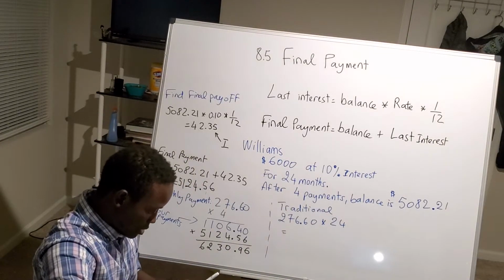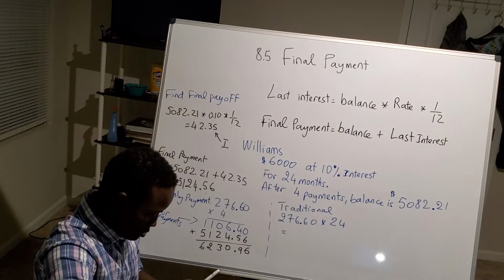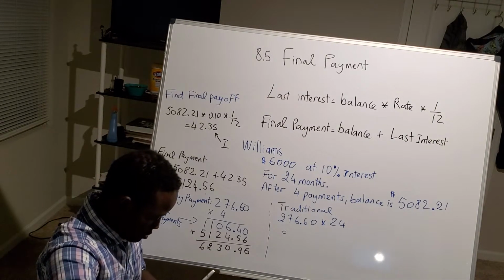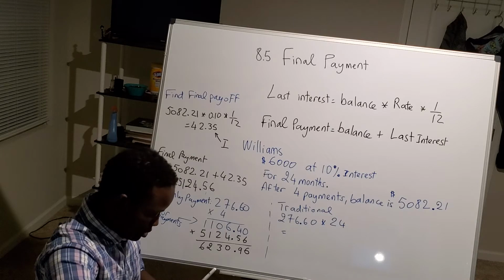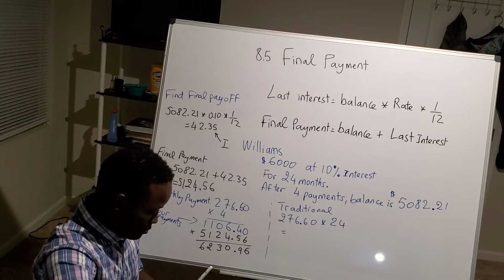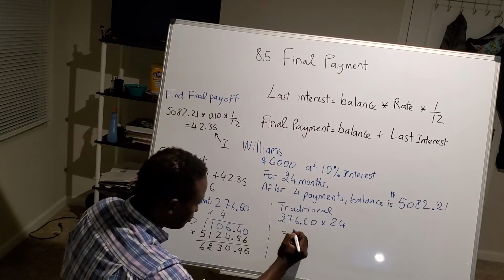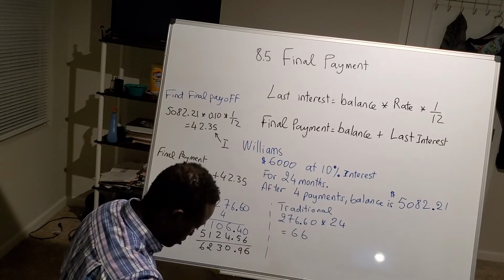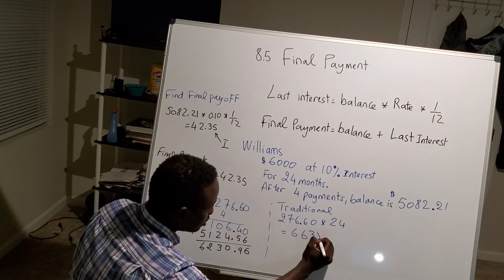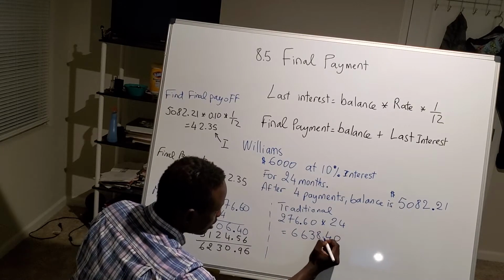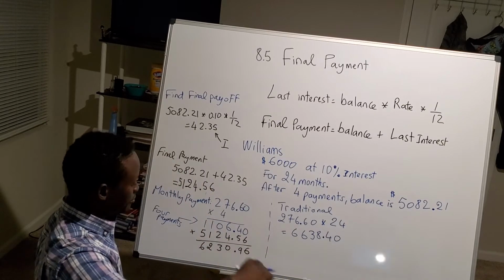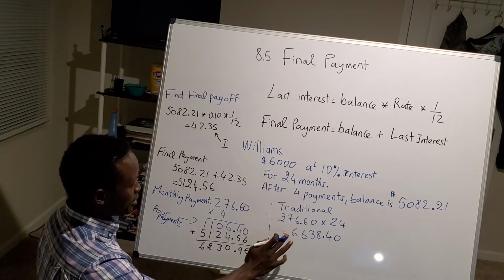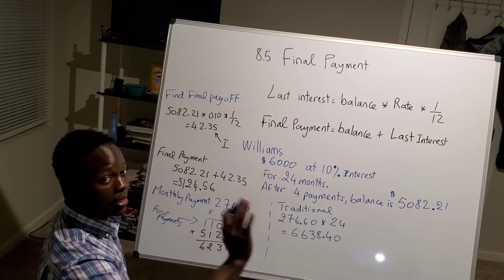Let me do this quickly. 276.60 times 24 is 6,638.40. Okay, so this is how much I'm paying total if I'm not doing any payoff.